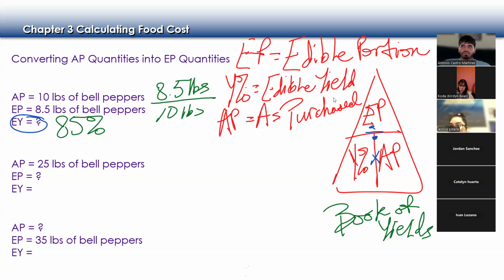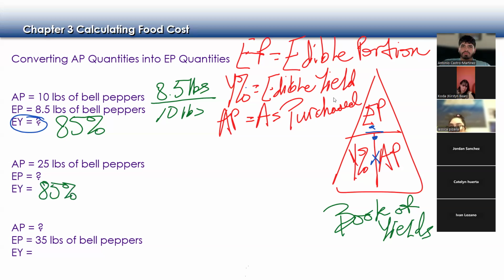Now, I have 25 pounds of bell peppers. After I've processed that 25 pounds, how much will I have left over? Well, I have 25. Do I have my percentage? We used the one before, 85%.